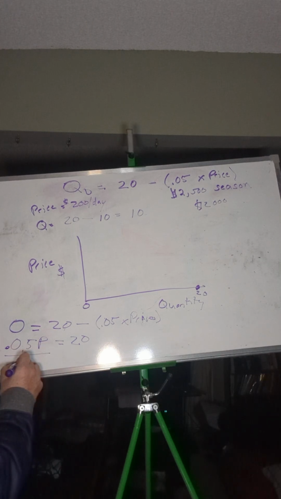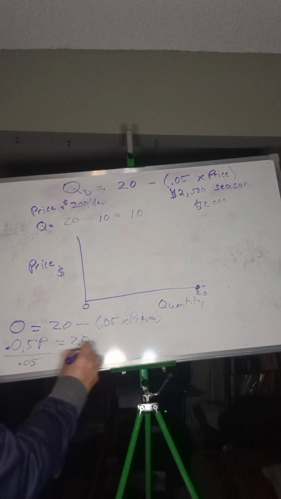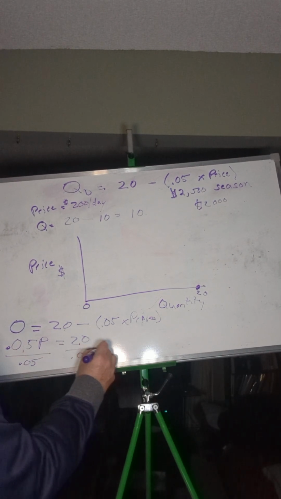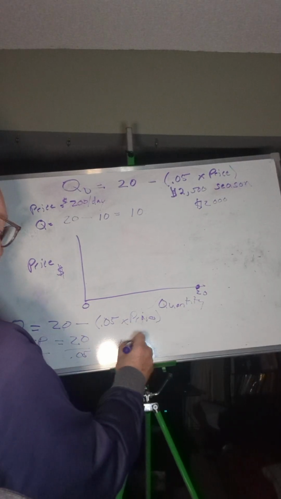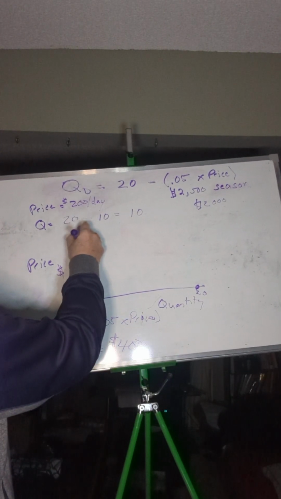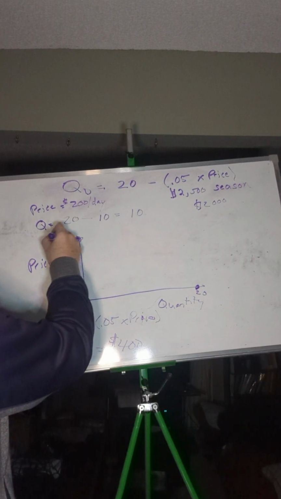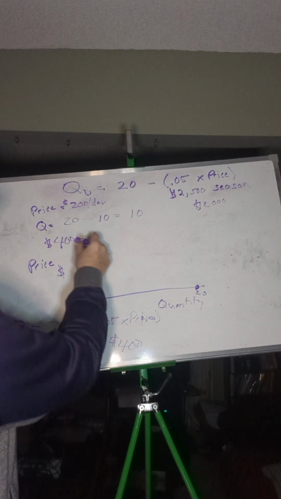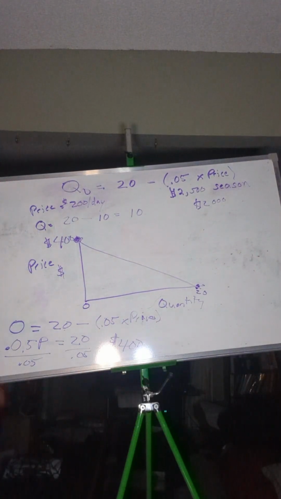We divide both sides by 0.5, and that's going to equal $400. So this point up here is $400, and of course we'll just have a straight line.